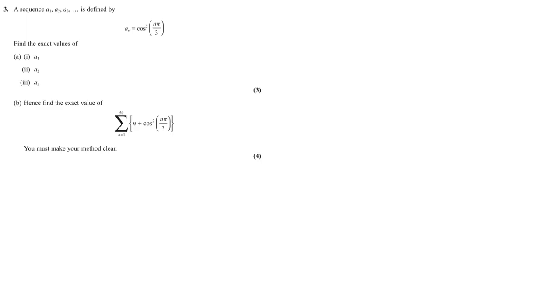We've got a sequence, A1, 2 and 3 and so on, defined by A n equals cos squared n pi over 3. So A1 is cos squared pi by 3.